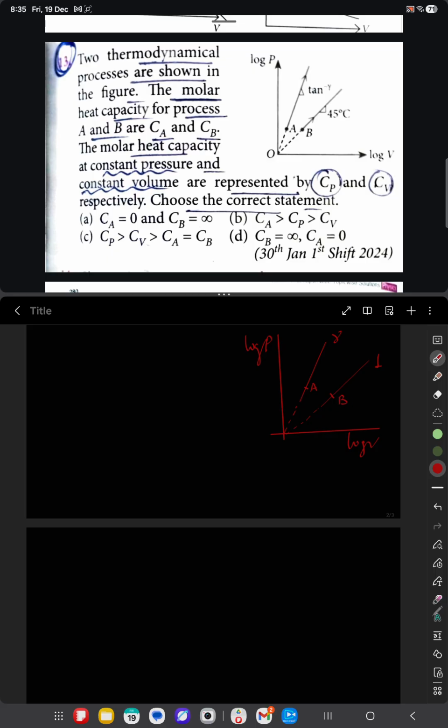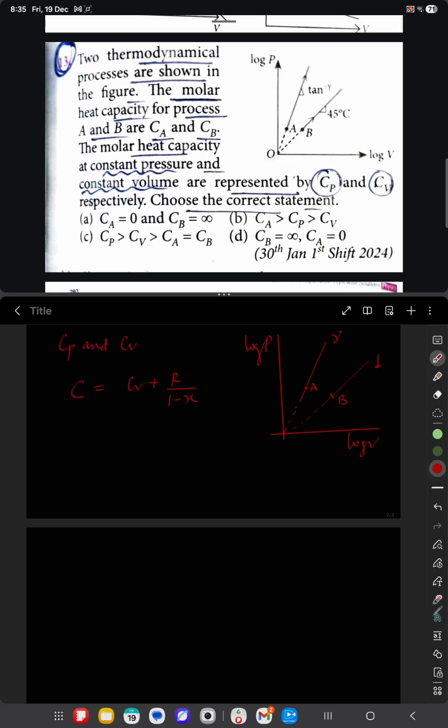The molar heat capacities at constant pressure and constant volume are given as Cp and Cv. You need to choose the correct statement. C of any substance is equal to Cv plus R by 1 minus x.